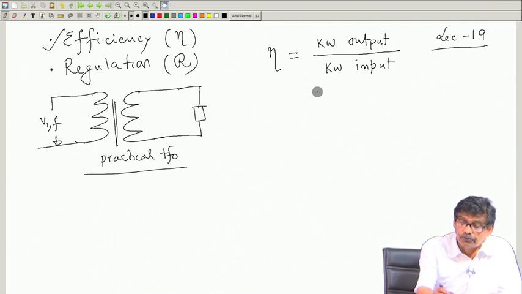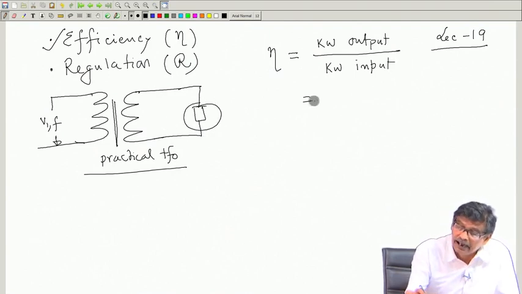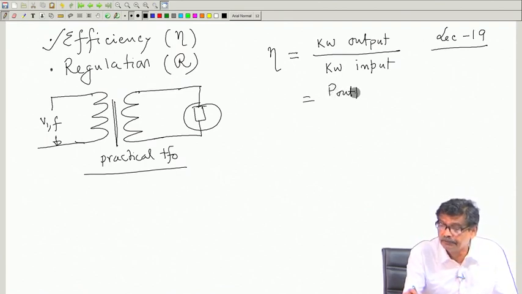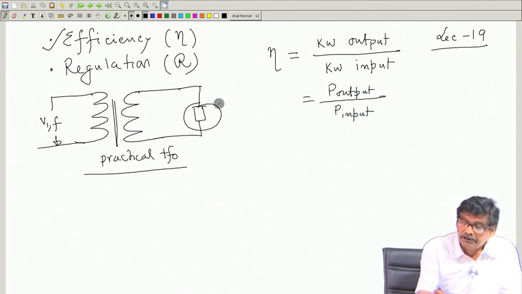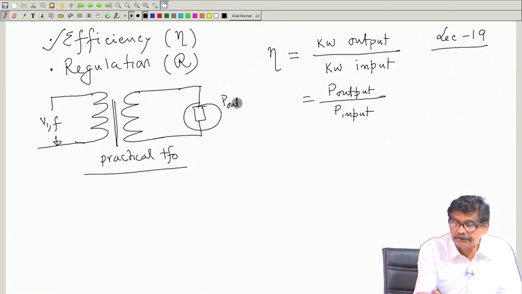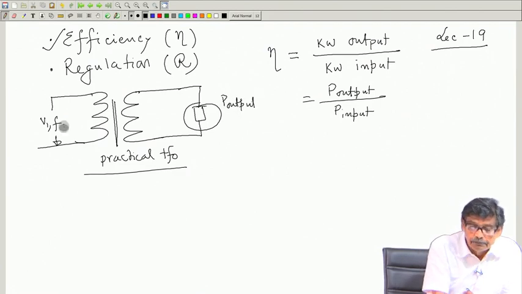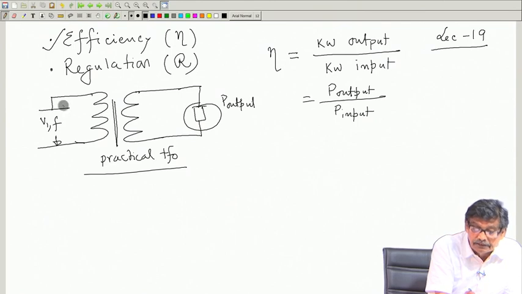What is kilowatt output? Output power. So, I write it P output, P real power, no reactive power, P output by P input. What is P output? P output is here. What is P input? P input is here from the supply. This is the overall efficiency of the transformer.